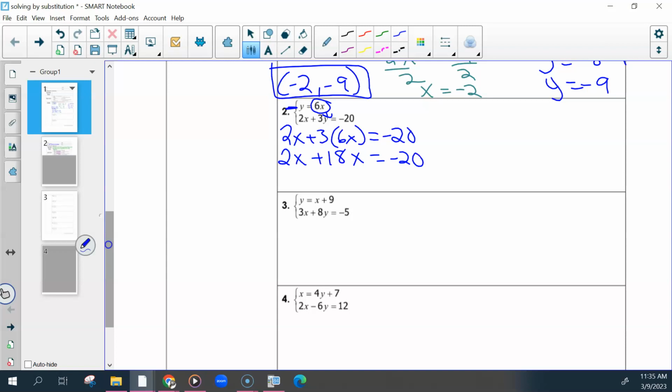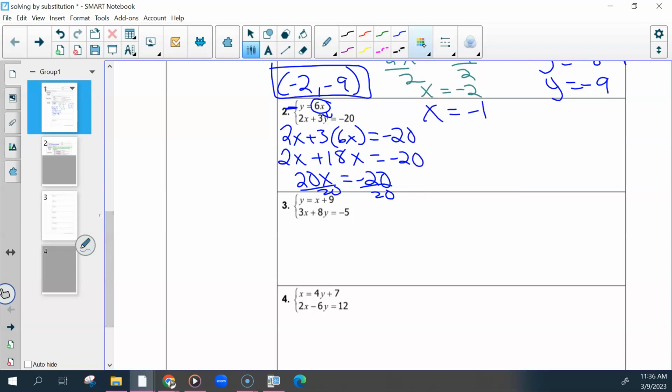What would we do next? Combine your like terms. And then divide by 20 on both sides. So x equals negative 1. Then take that negative 1 and put it back in your equation.